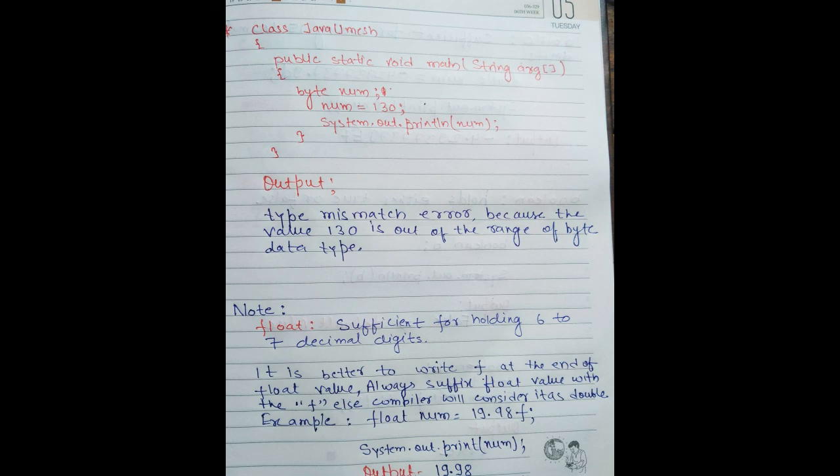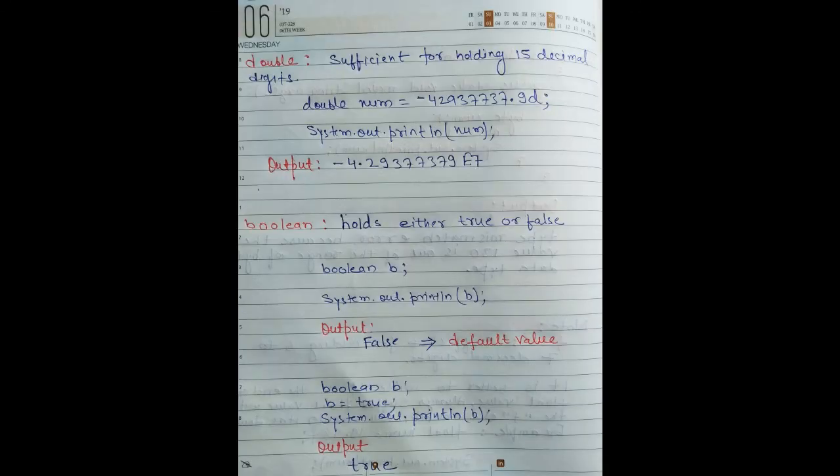Now we are going to discuss double. Double is sufficient for holding 15 decimal digits. I have taken double num, the value will be -42937737.9d.